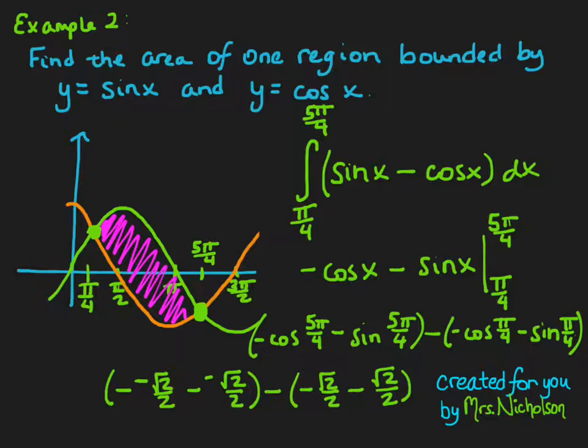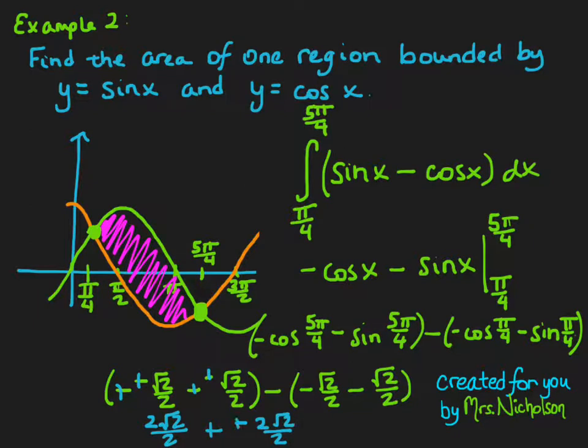So in my first parentheses here, if I have minus and negative, both of those turn into positives, and these turn into positives. And so in this first parentheses, I end up with 2 square root of 2 over 2 minus, and then in the second parentheses, I have negative 2 square root of 2 over 2.